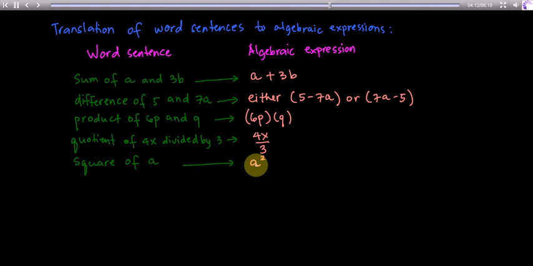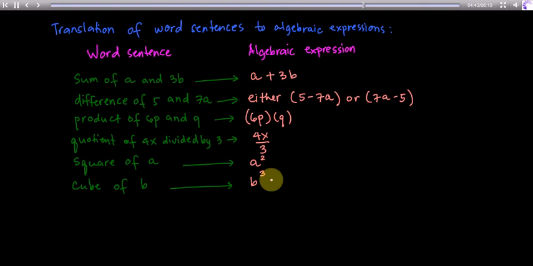So this is a squared. Next, cube of b. Again, we're going to write the b and cube. This cube of b means b times itself 3 times, or b times b times b.